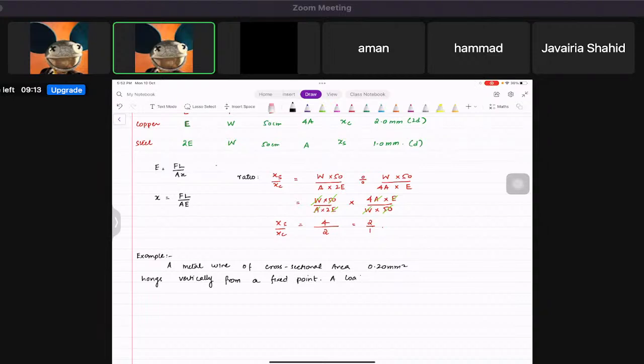A load of 84 newtons is then attached to the end of the wire. The increase in length is 0.30%. Now it says, what is the Young's modulus?